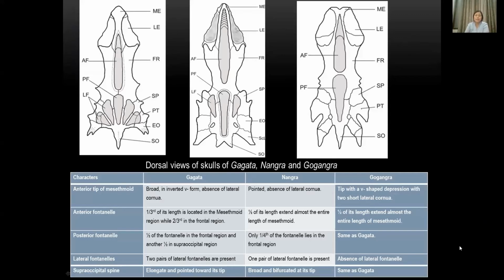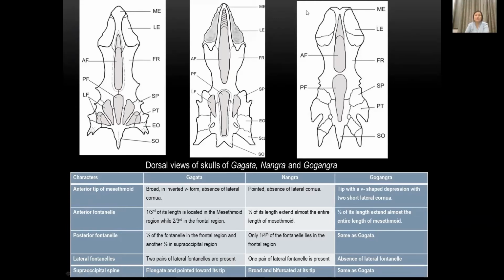We can find the characters here, like the anterior tip of the mesoethmoid. Here we can see that in Gagata, the first picture, it is broad. The tip of the mesoethmoid is here. It is broad and inverted V form, and there is absence of lateral cornua here.